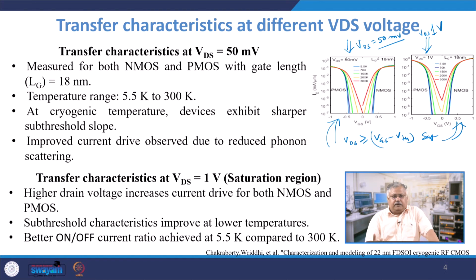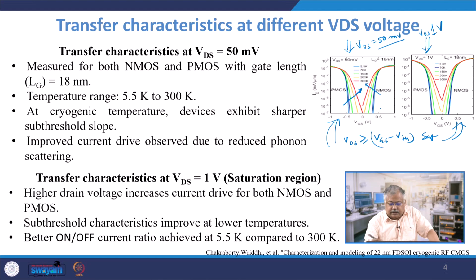What the paper has done is give you NMOS and PMOS for both unsaturated as well as saturated state, for varying temperature from 5.5 Kelvin to 300 Kelvin. In all these figures on the right hand side, this is the 5 Kelvin, and as you move towards this side, the temperature goes on increasing.